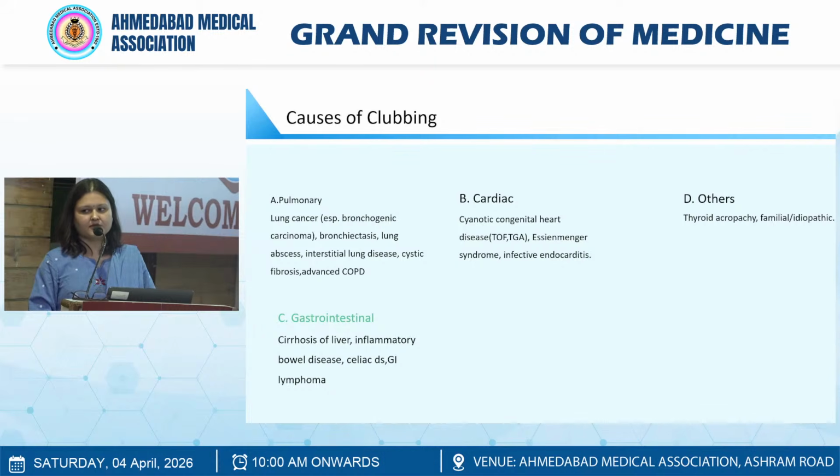Eisenmenger syndrome, what is it? It is a reversal of shunt in VSD and ASD. Infective endocarditis. Third is gastrointestinal: advanced stages of cirrhosis of liver, hepatic carcinoma, inflammatory bowel disease, celiac disease, and GI lymphoma. Others are thyroid acropachy, or sometimes clubbing is familial.